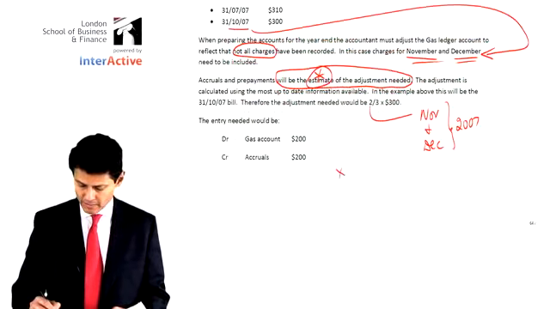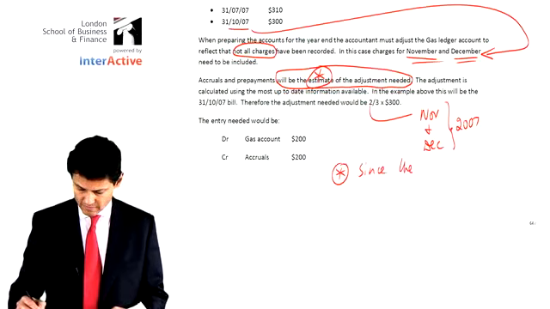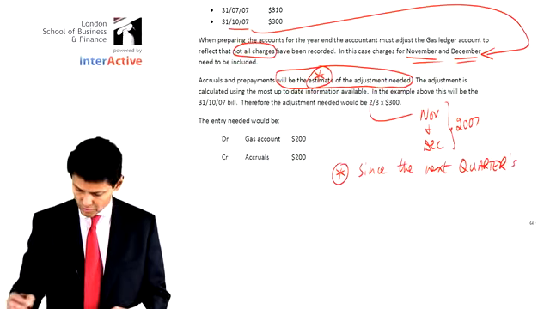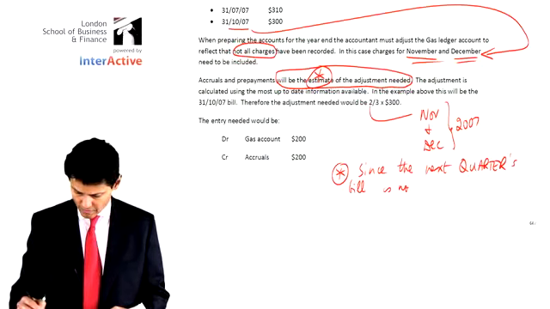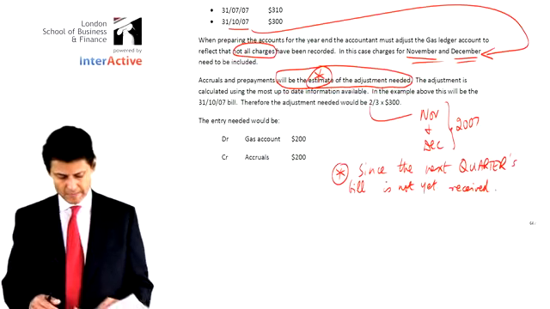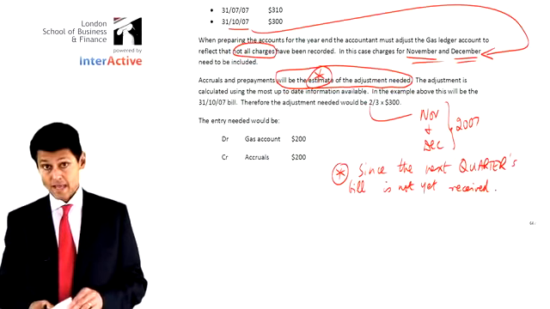And somewhere here, I'm going to bring in that asterisk and say, since the next quarter's bill, the next 3 months, is not yet received, hasn't yet been received. So quite important to understand that.